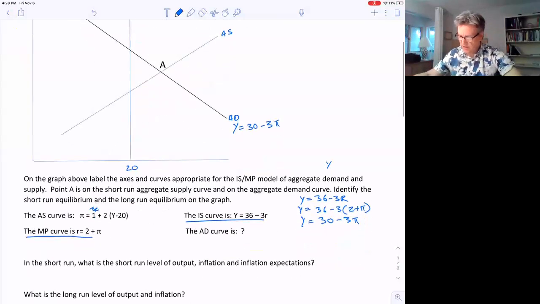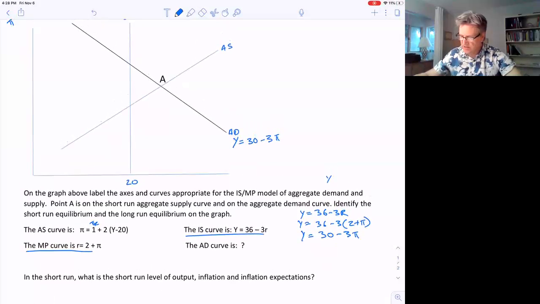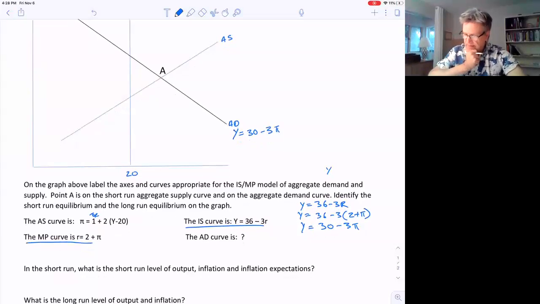Now the next question, the short run: what's the short run level of output, inflation, and inflation expectations? The short run equilibrium is at point A. So in order to figure out inflation and output at point A, we need to know the equation of aggregate supply.